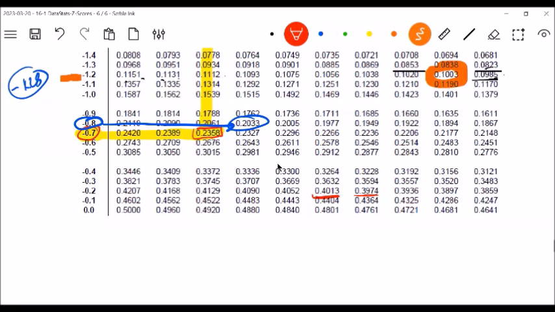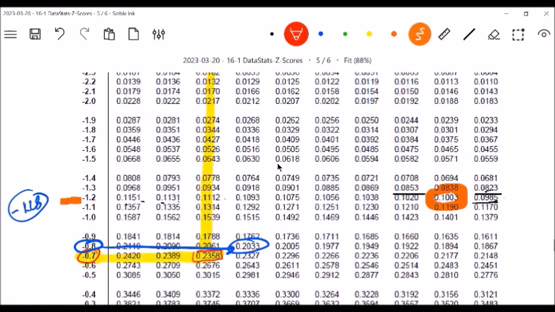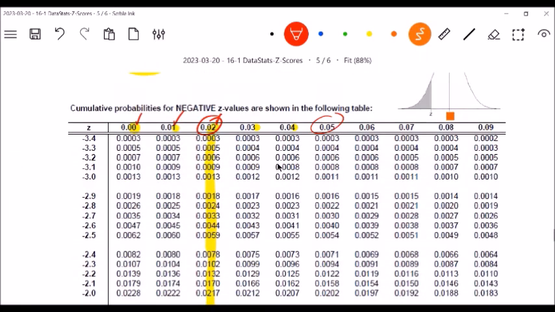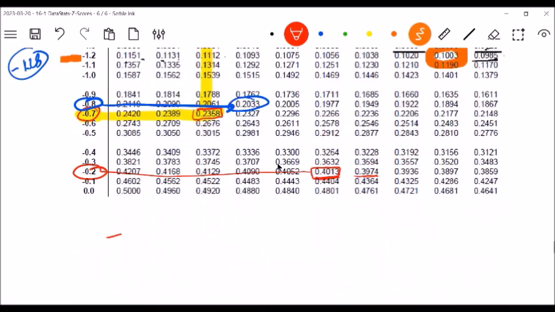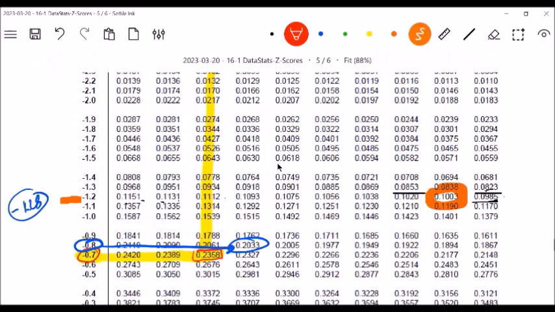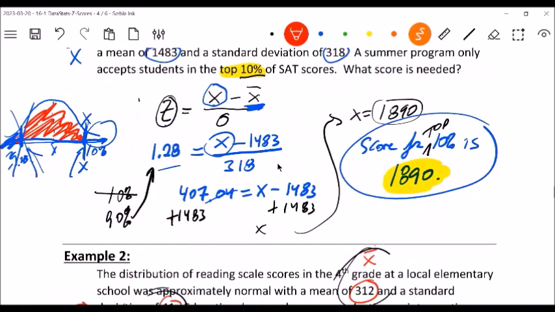That makes this one closest to 40%. So over here, it's negative 0.2. And up here in this column, it's a 5. So negative 0.25 is what we're looking for. So we're looking at negative 0.25.